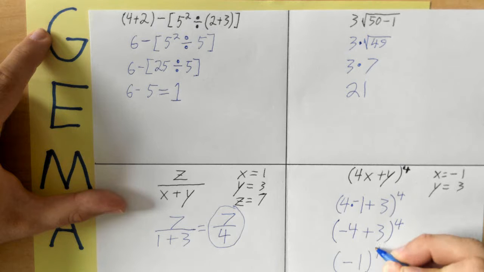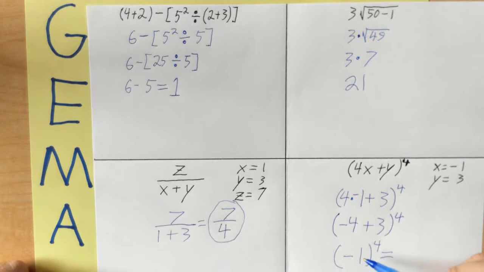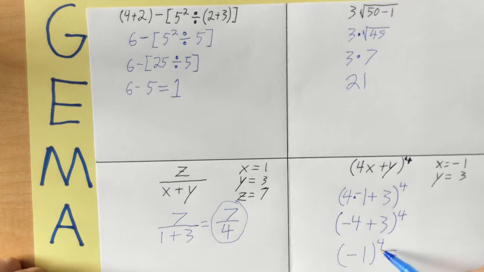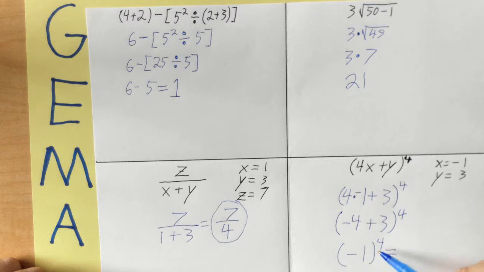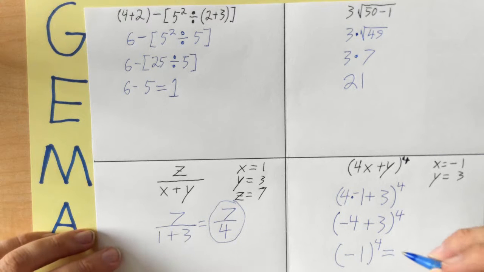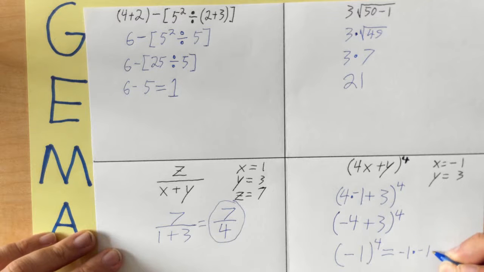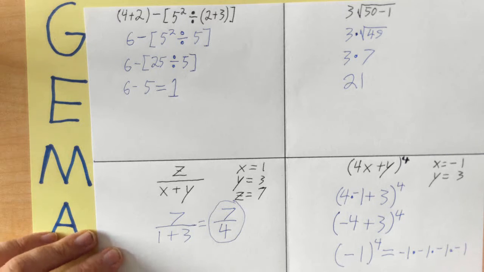All right. Now I'm finding negative 1 to the 4th power. Anytime you have an even number exponent for a negative base here, your answer is going to be positive. If this number was odd, it would be negative. I'm going to write it in expanded form to show you. So, to the 4th power means I'm multiplying by negative 1 4 times.